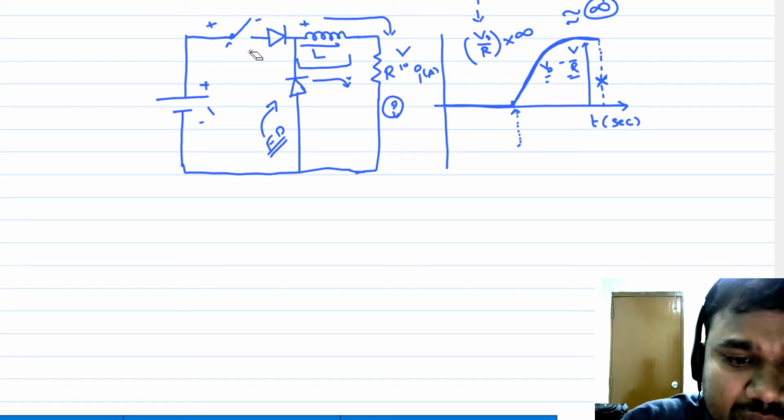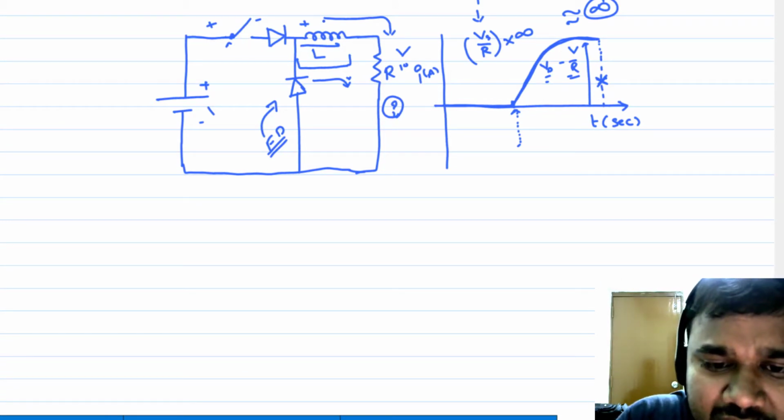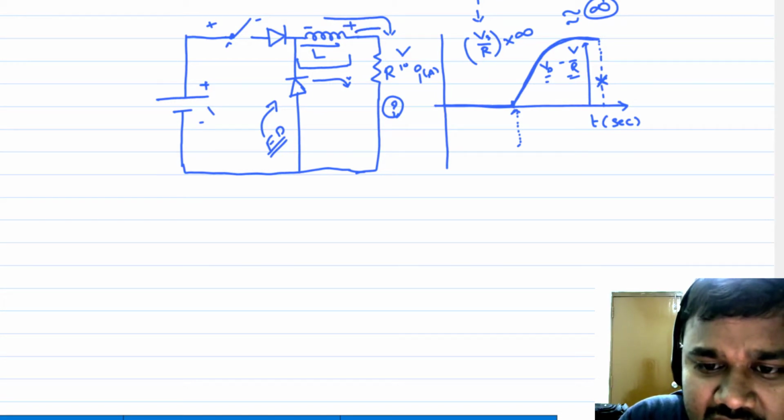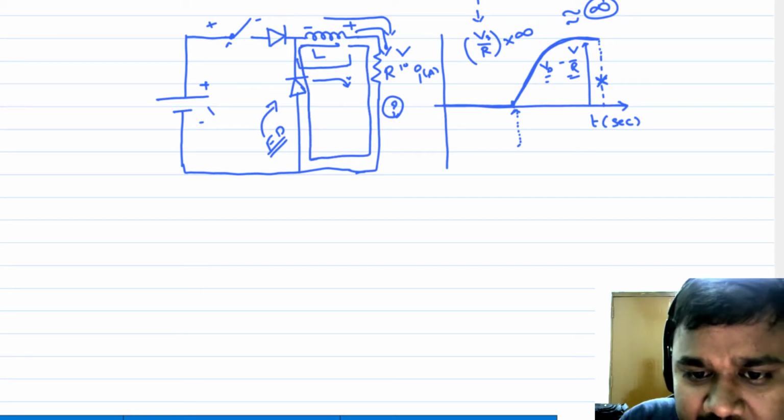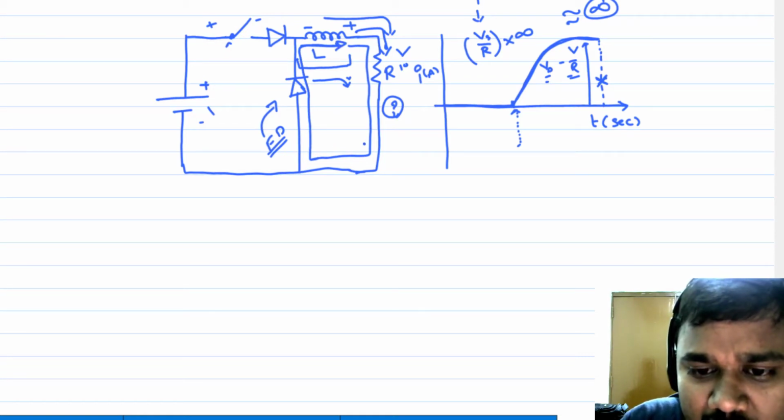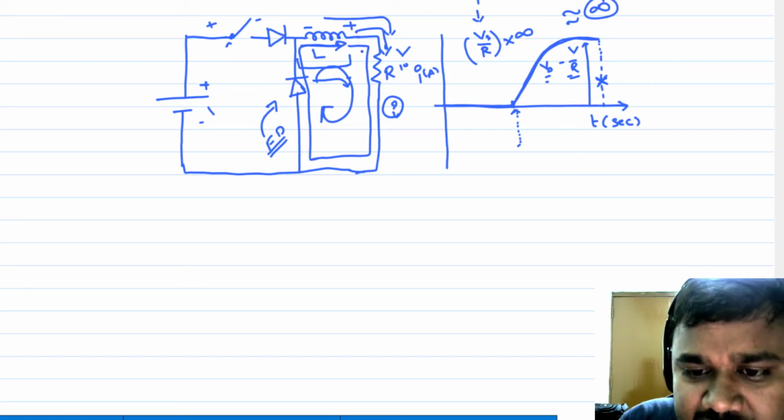When I suddenly open the switch, whatever energy is there in the inductor, the polarity will change. It will try to still conduct in the same path. So instead of sending the current through the switch, we send the current through this diode and then back to the inductor itself. That means the current flows within this path itself.